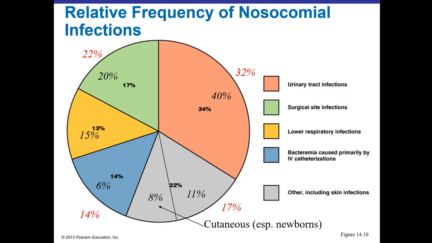These can also include newborns that can get a variety of cutaneous infections. Again, we talked about the fact they are picking up some of their normal flora as they first pass through the vagina. However, they're now exposed to the world, the environment, and all the people around them, and so they start to pick up their flora, but not all the time is it good flora. Sometimes they could potentially pick up things that are pathogens and can cause cutaneous infections.